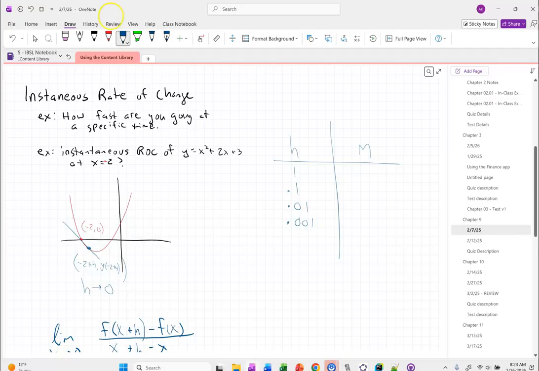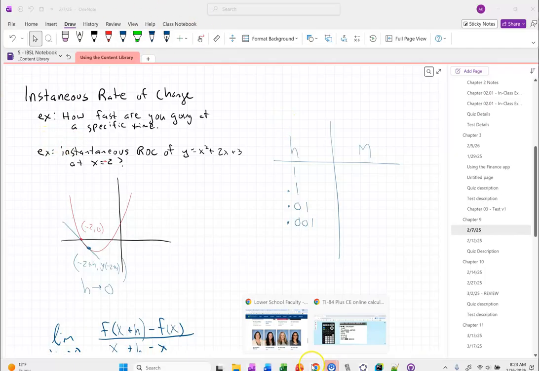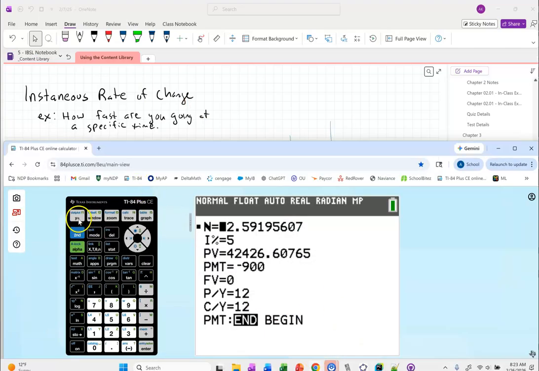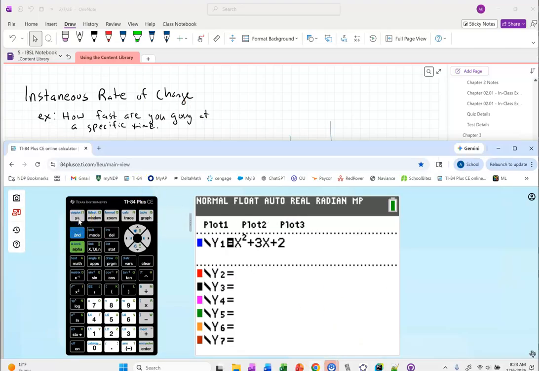So I'm going to use my calculator to do this, because it's a lot of repeated arithmetic and it's kind of a hassle. I've started by pressing the y equals button and inputting the function that we're looking for the instantaneous rate of change in to my calculator, into the y1 spot.